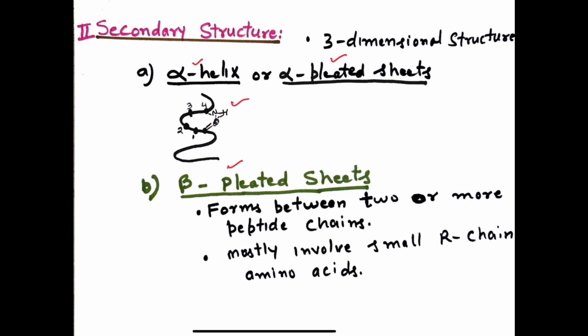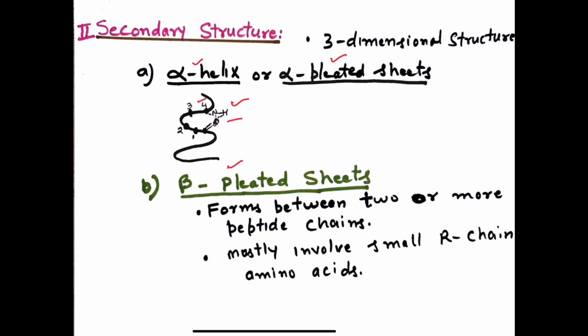They do have hydrogen bonding between the O group and NH group. So that's the characteristic of alpha helix sheets or alpha pleated sheets, and it always occurs on the fourth residue.